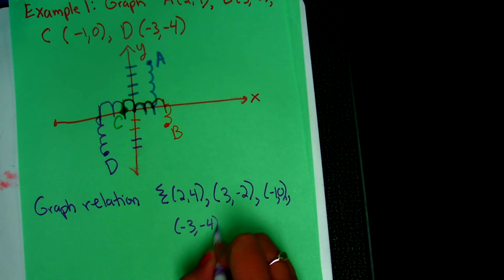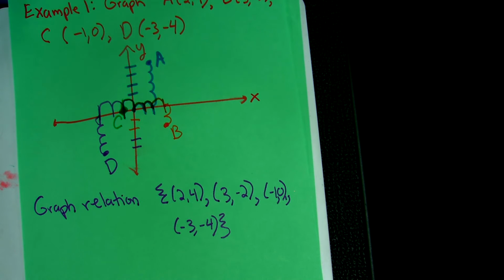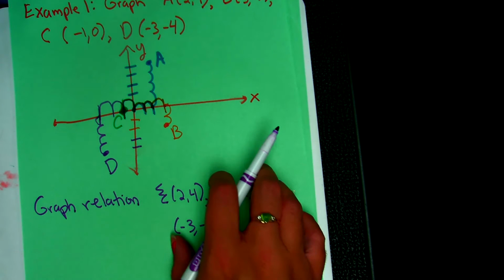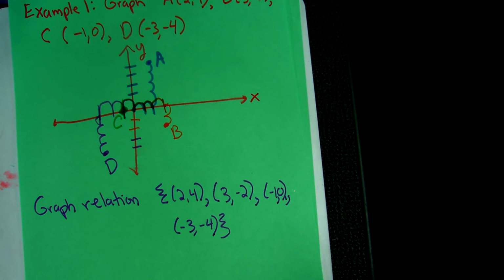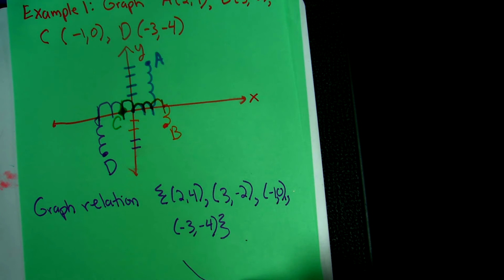Let's say we have those directions: graph the relation, and it gave us this. So it looks like a set with ordered pairs in it. All we would have to do is do what we have just done. That is graphing a relation.